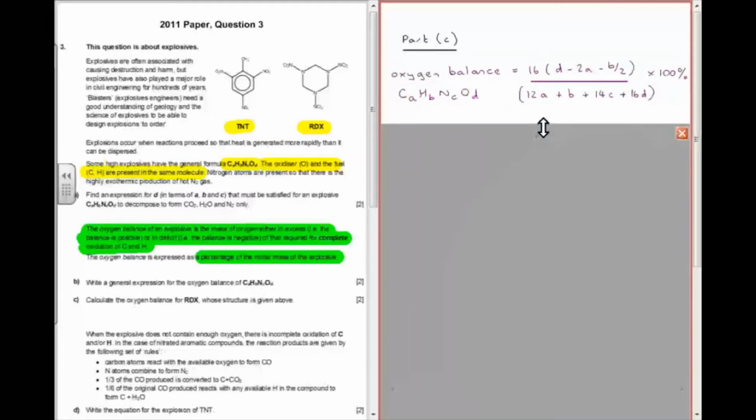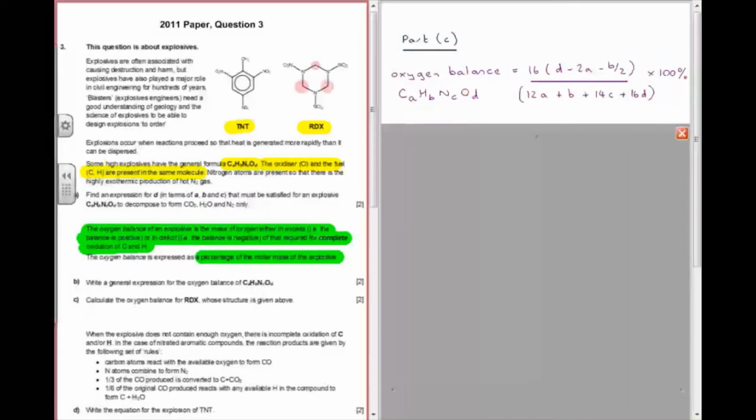In order to use this equation, it is necessary to determine the molecular formula of RDX from its skeletal formula. If you have not come across skeletal formulae in your studies, at each junction between the bonds and at the end of each bond, it is assumed that there is a carbon atom. So on the drawing of RDX on the question paper, I can highlight in pink where there's a carbon atom.